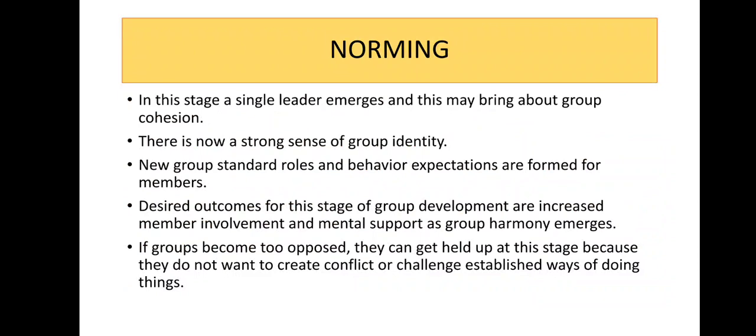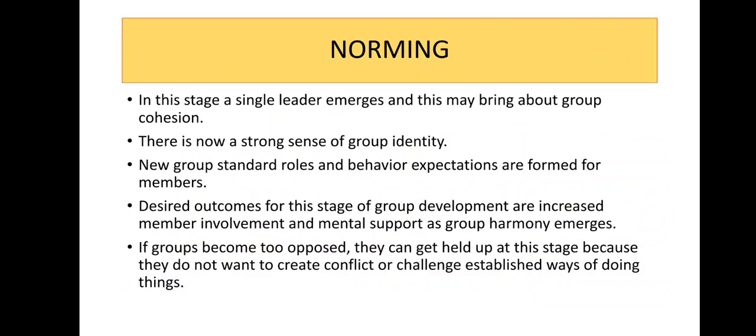So the intention or the outcome of this particular stage, the norming stage, is that member involvement will be increased, because they'll have the feeling of togetherness in this stage, and mutual support as group harmony emerges. If they start feeling themselves, the whole group will be treated as an individual.